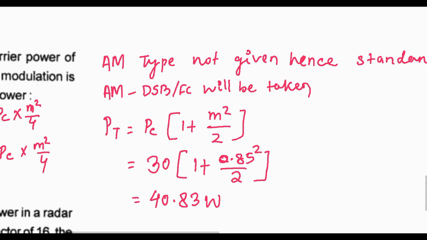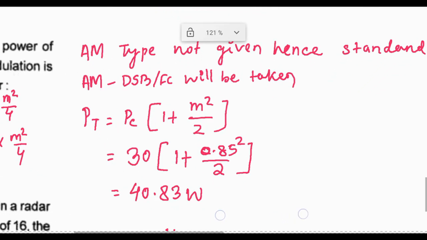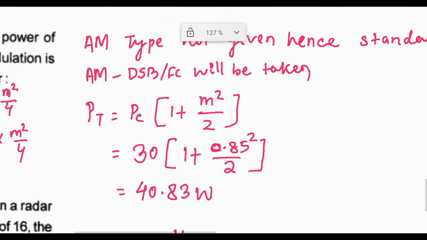If we consider the basic, standard type, this is DSB-FC type, and for this the formula is PC into (1 plus m square by 2).